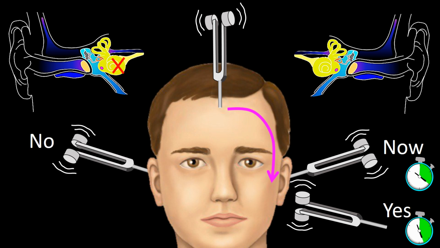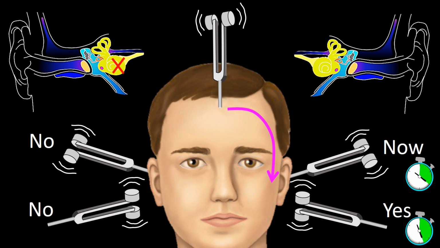On the other side, where no bone conduction was perceived when using the turning fork in the forehead, no bone conduction will be appreciated when placing the turning fork on the mastoid, and no sound will be heard during air conduction testing.